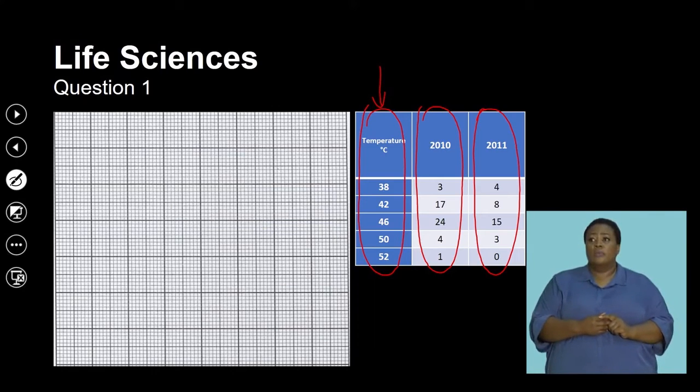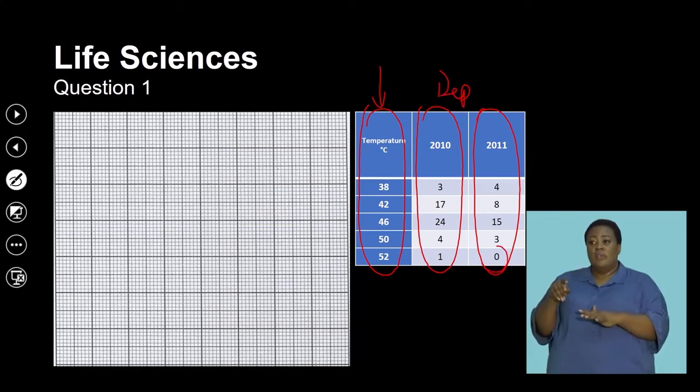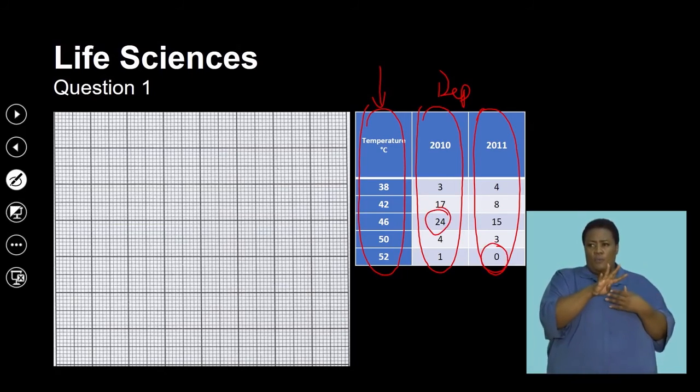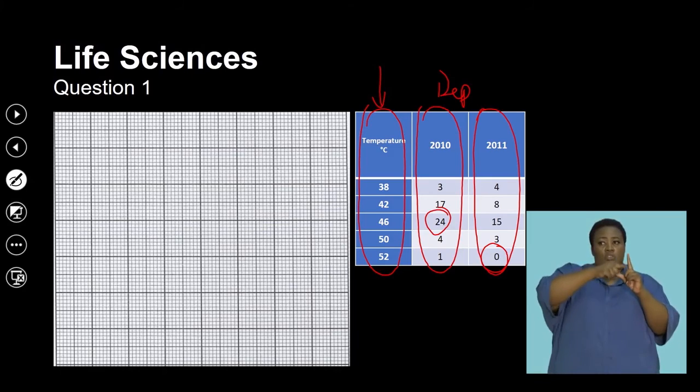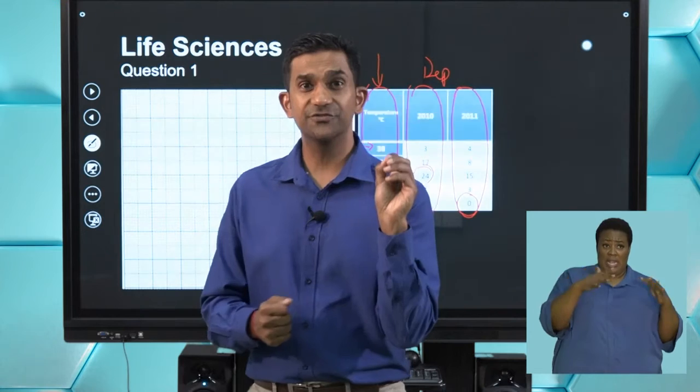Now that we have identified the dependent variable, let's look at our scale. We've got a scale of the lowest value being 0 and the highest value being 24, if I'm correct. And we've got a scale of temperature from 38 all the way to 52. Now, is it important for us to start from 0?